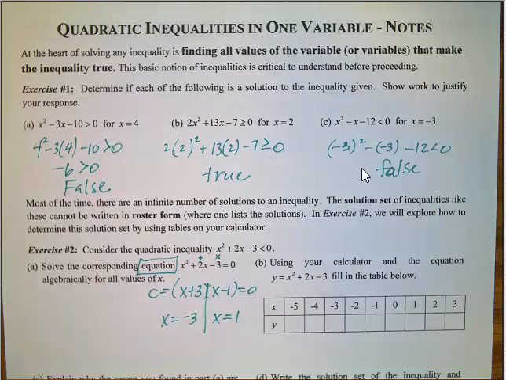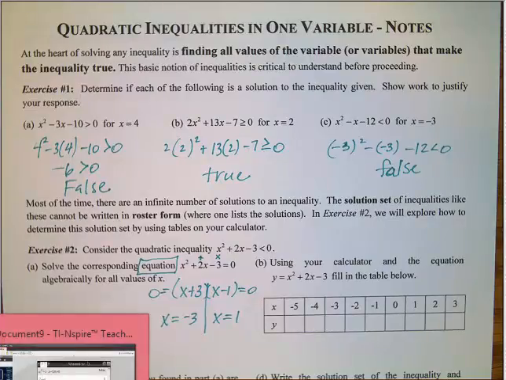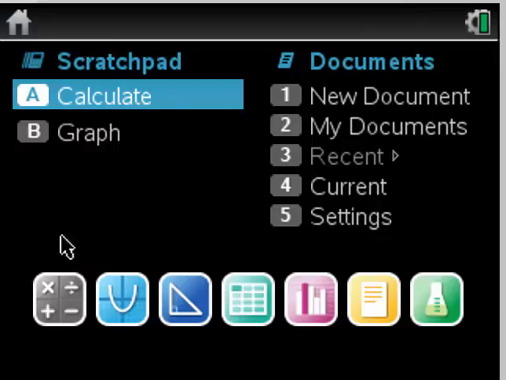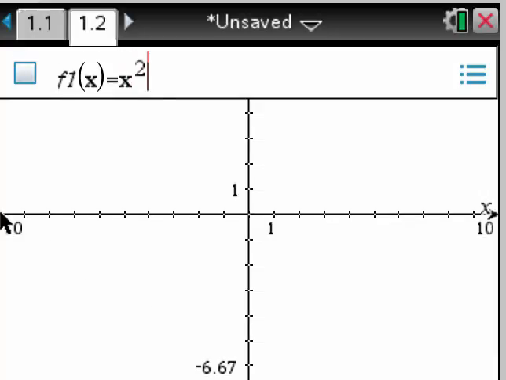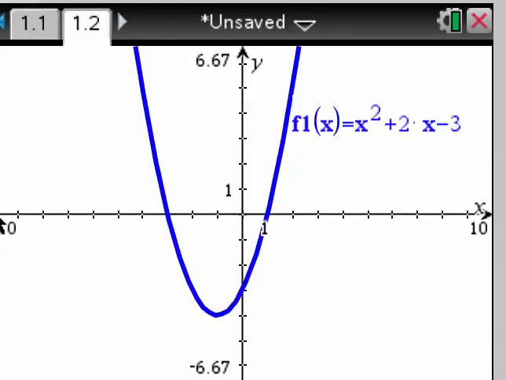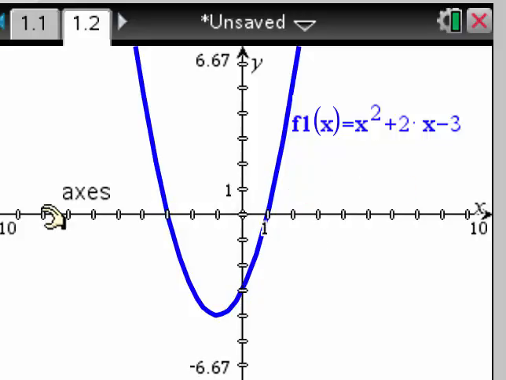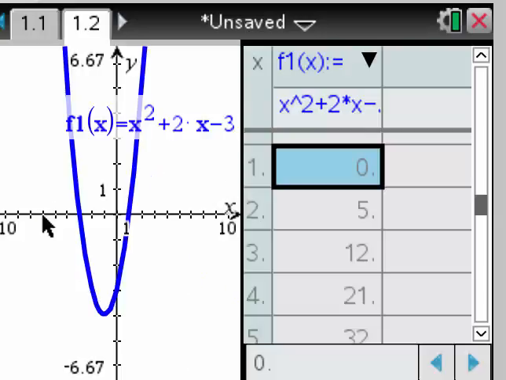So now it's asking us to use our calculator and get the table below. So go ahead and grab your calculator and let's get a graph and type in your x squared plus 2x minus 3. Let's get our table. What we can see right there, look at what my intercepts are. -3 and +1, which is what I got algebraically. Get your table.